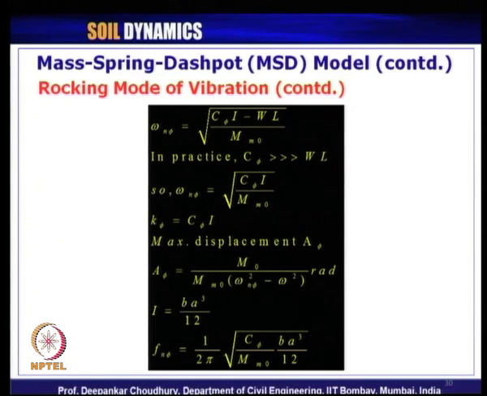Now, if I ask you how we will check this maximum displacement A phi against the guideline or stipulated reference displacement, can we do that? Yes, this is angular displacement.